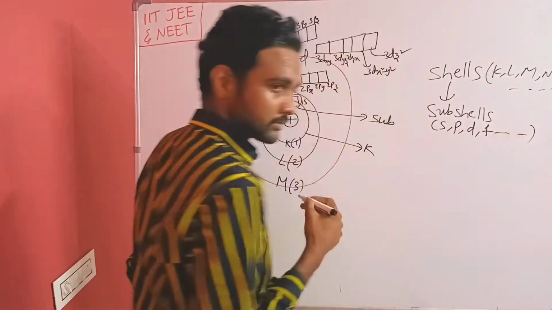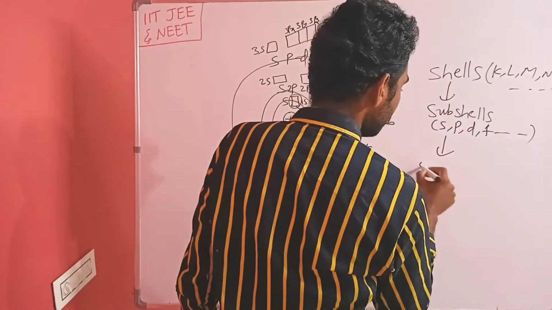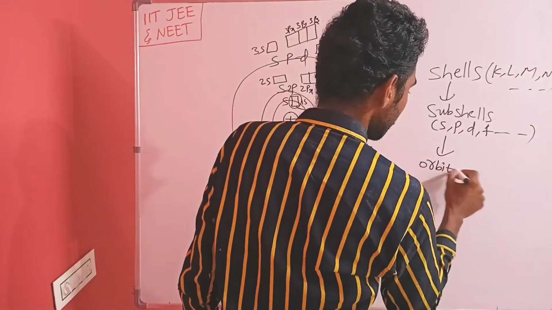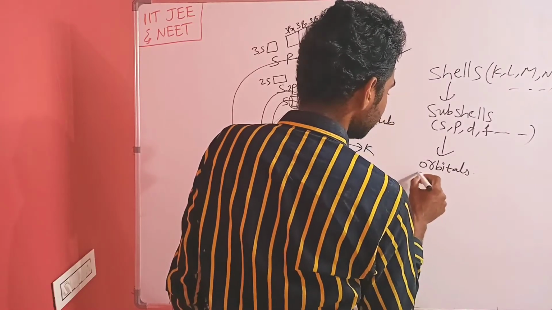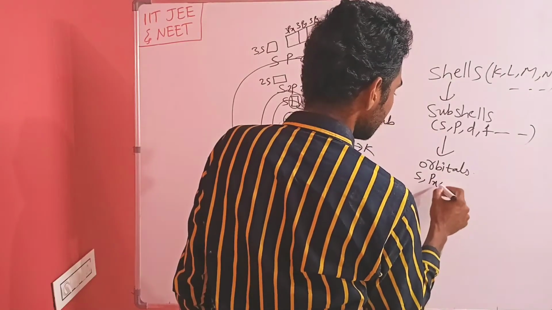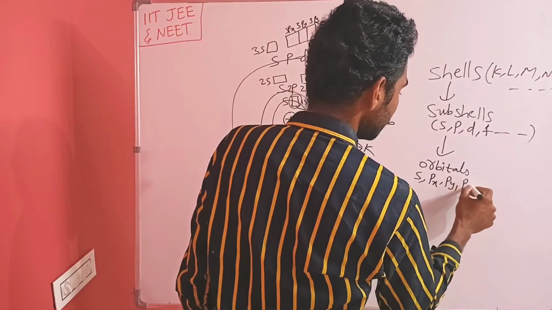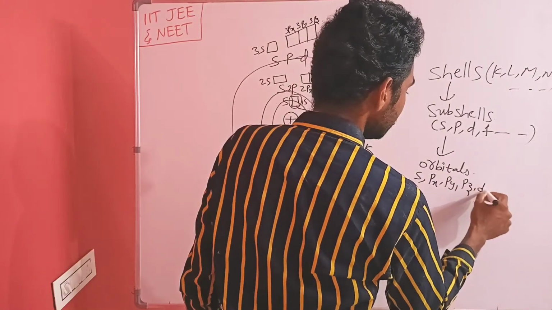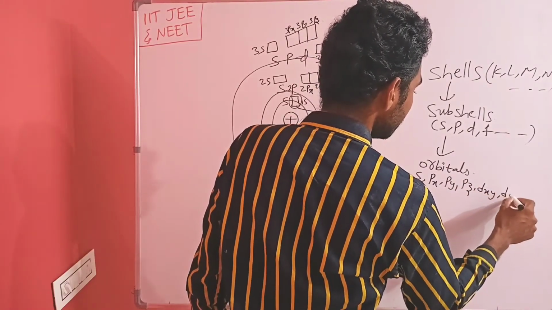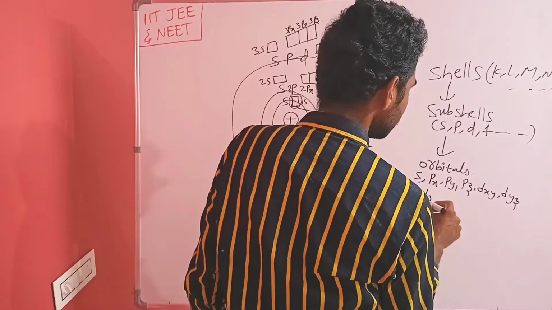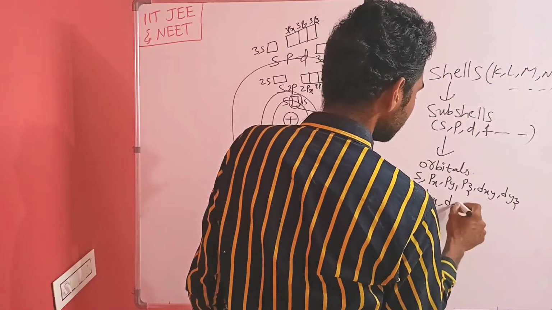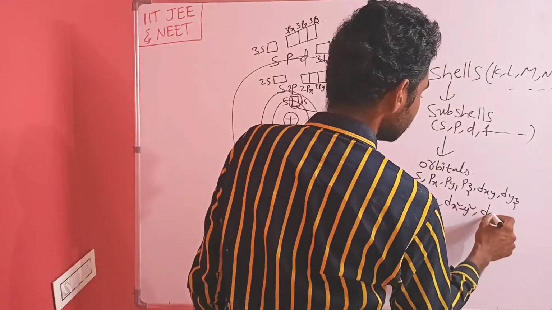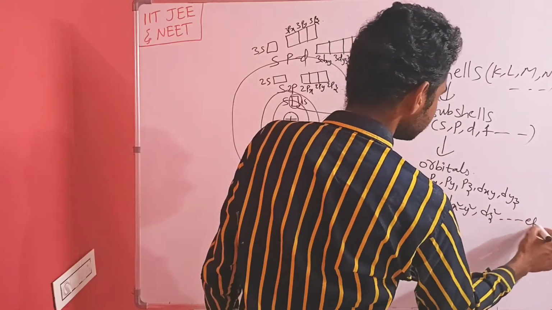In these subshells orbitals are there, like the s orbital, px, py, pz orbitals, dxy, dyz, dzx, dx square minus y square, dz square orbitals and so on.